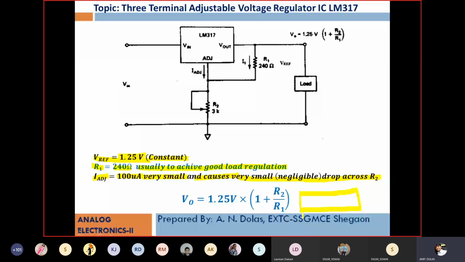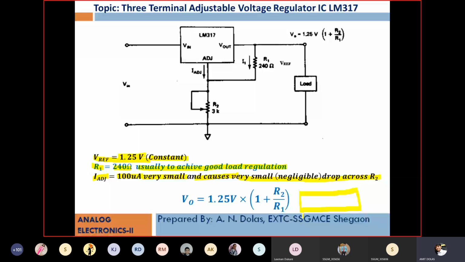If it is mentioned, then you have to use that term. So finally, in shortcut, your output formula VO will be equal to 1.25 volt, that is V reference, multiplied by 1 plus R2 by R1. So by this formula, you can design the required output voltage of IC LM317.